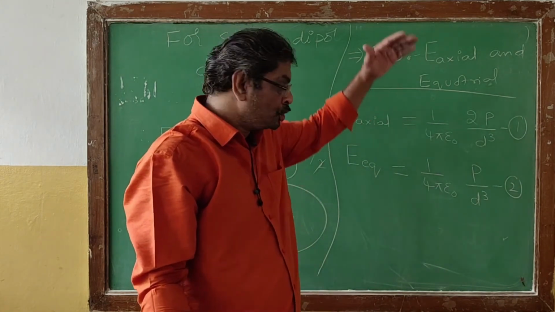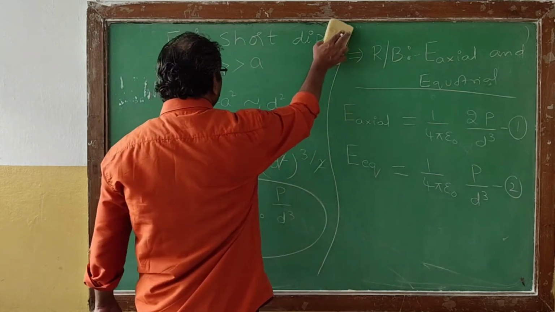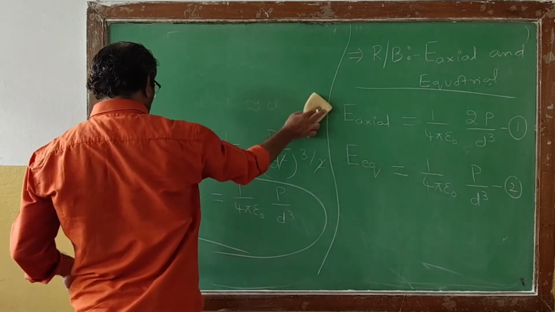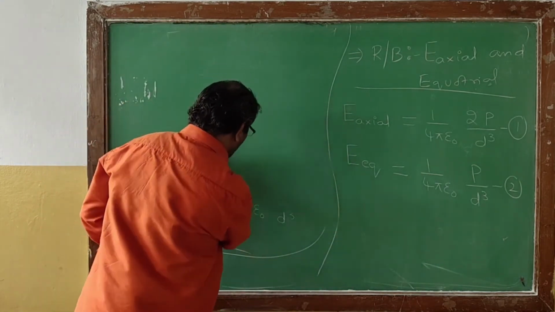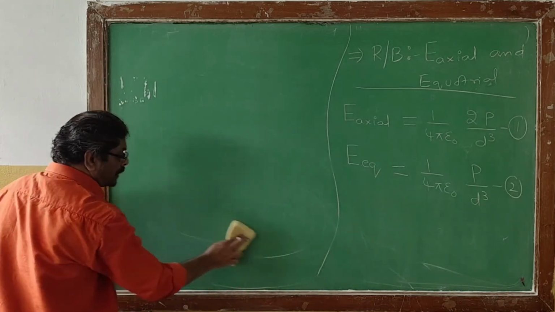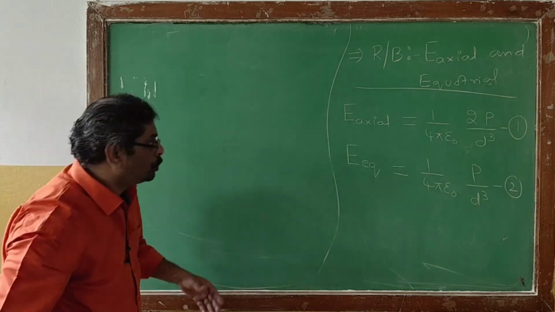Now what you do? Divide equation 1 by equation 2.